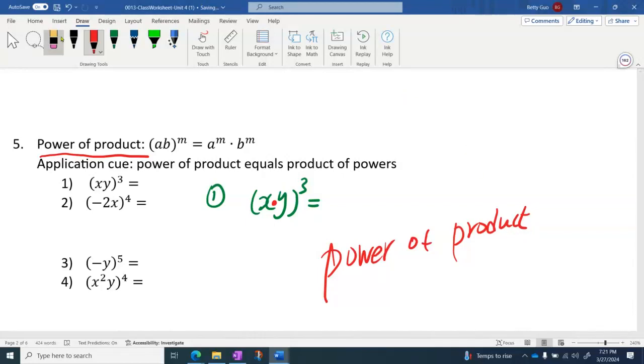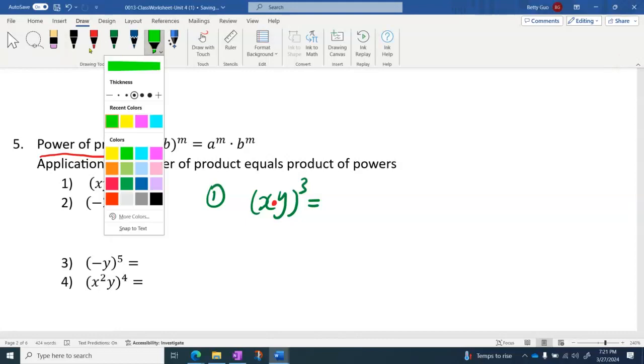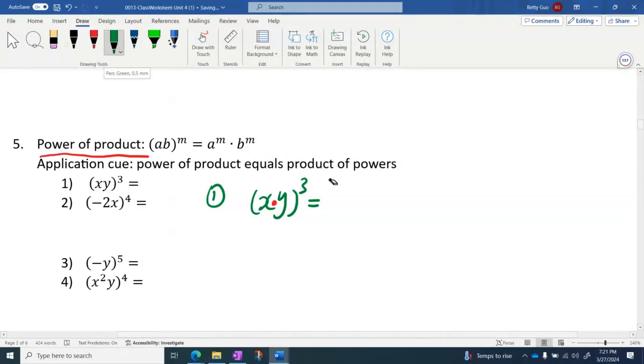I'm going to show you that this expression equals the product of powers. The base is the whole thing in the parentheses. Since it's a cube, third power, we use the base three times in the multiplication: x times y, x times y, x times y.